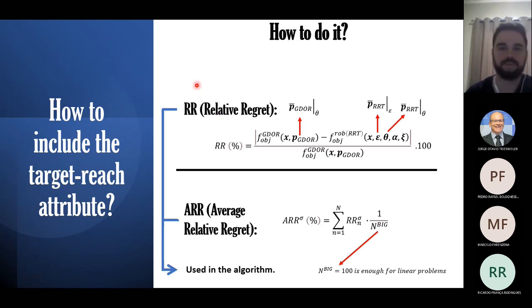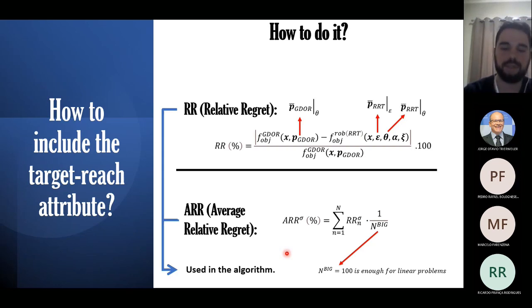We'll see it further. And the average relative regret is just the average of the optimizations you do to fine-tune your program, okay? For each standard deviation, I mean, for each uncertainty, you are going to fine-tune the problem, okay?